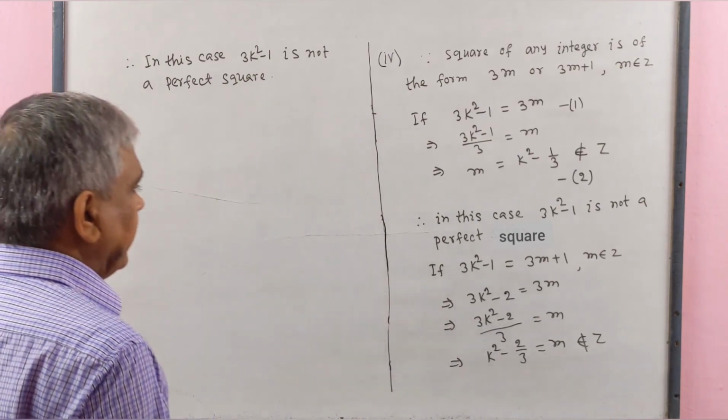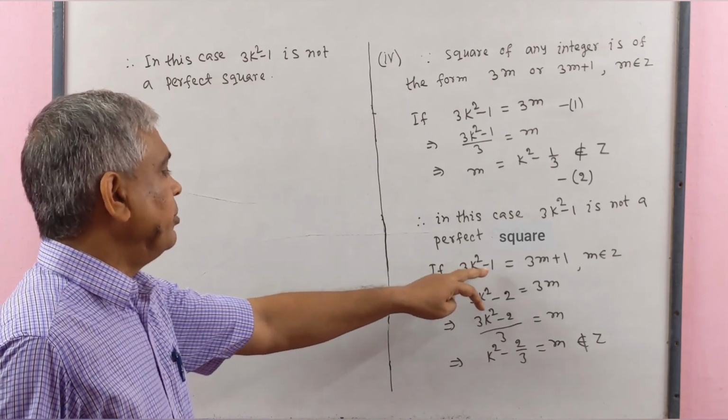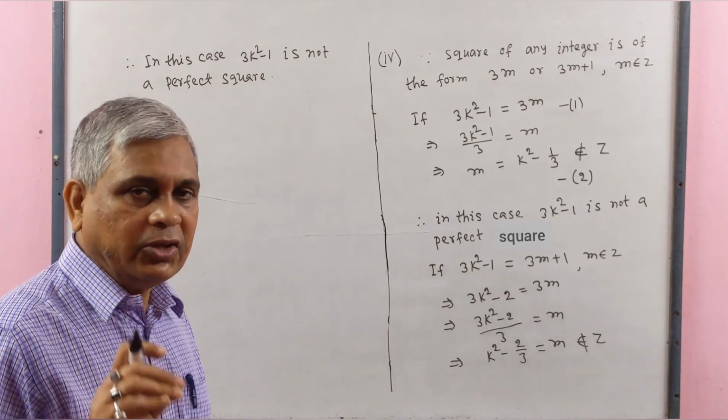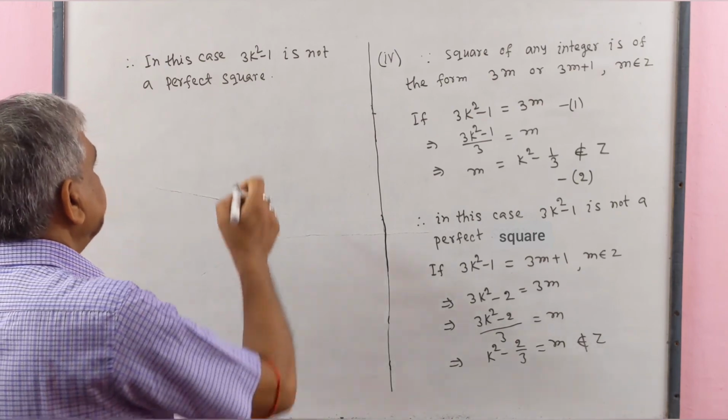Therefore, in any case, 3k square minus 1 is not a perfect square. Proved.